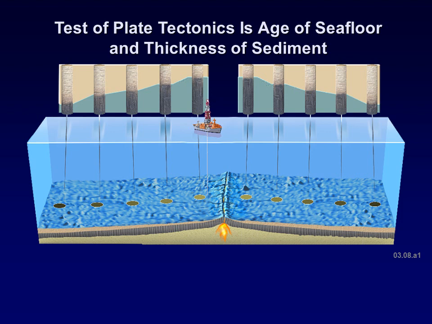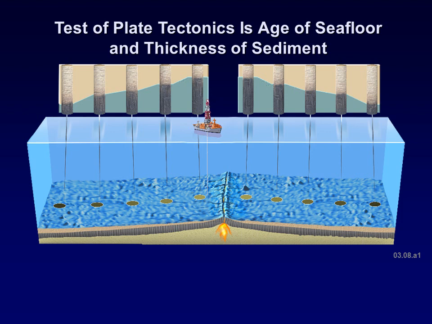What geologic features does plate tectonics help explain? We're looking at this image, and it's showing us a divergent ocean-ocean boundary. And each of these cylinders at the top is a core sample. So this boat that's going over is drilling into the earth and pulling up samples of the rock.